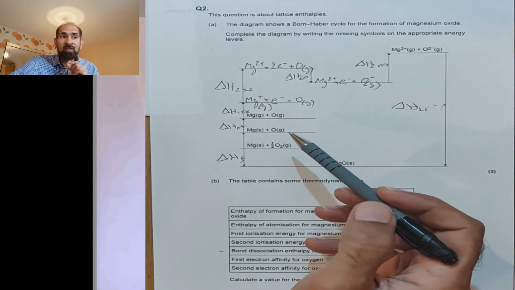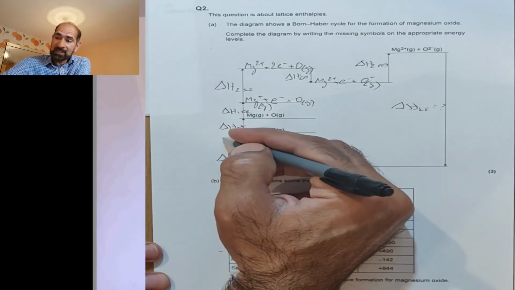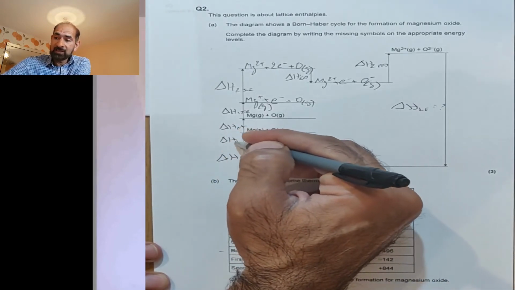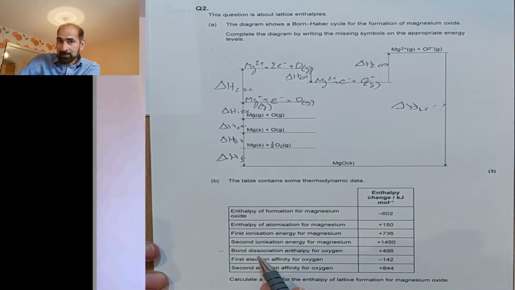What's happening here is the atomization of oxygen, enthalpy of atomization. The definition for the enthalpy of atomization is the enthalpy change when 1 mole of atoms is formed from the gaseous elements. We are forming 1 mole of atoms, and therefore this is enthalpy of atomization. The definition for bond dissociation is the enthalpy change when 1 mole of bonds is broken.